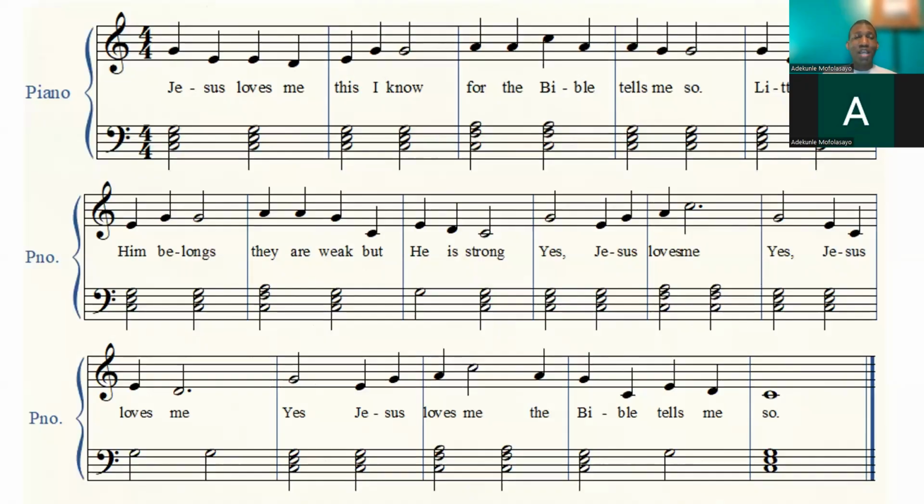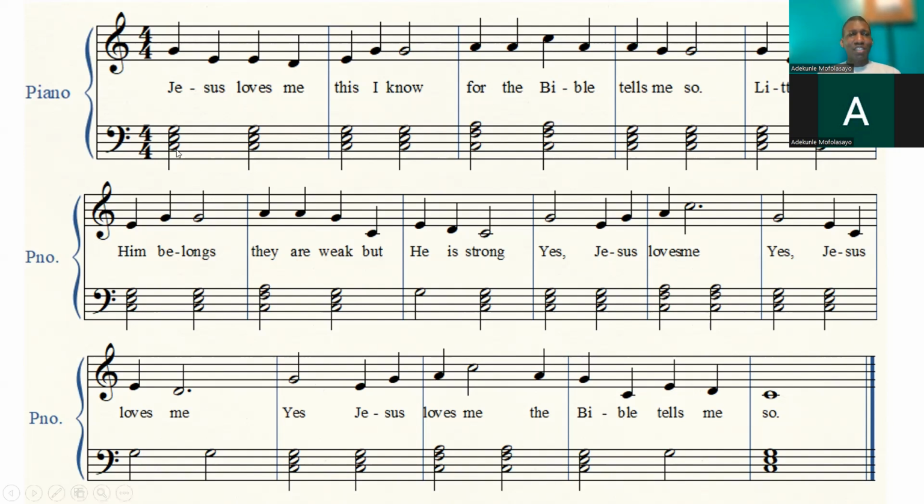So here is the song that we have on the next page that I'm talking about. It's Jesus Loves Me. So you will write the notes like this: G, E, E, D, E, G, G, A, and so on, right?